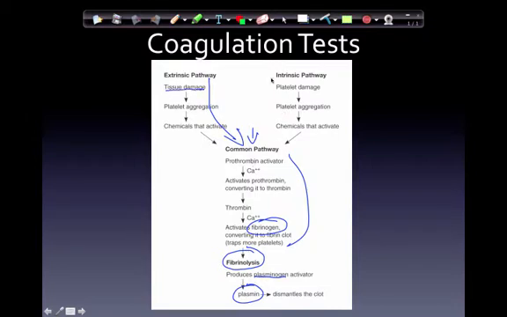Extrinsic. Intrinsic, with an I, starts off with platelet damage and the platelet's ability to aggregate or stick, and it still formulates the common pathway. So in either case, whether it be extrinsic or intrinsic, this common pathway is formed. And if we'll notice here, calcium is a very big part of this.